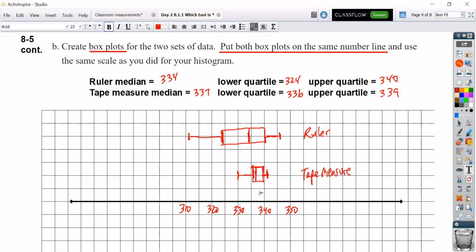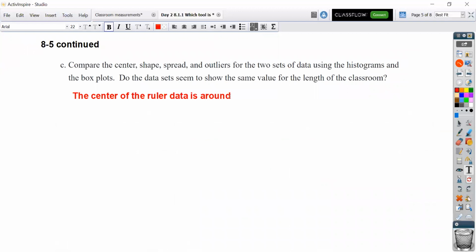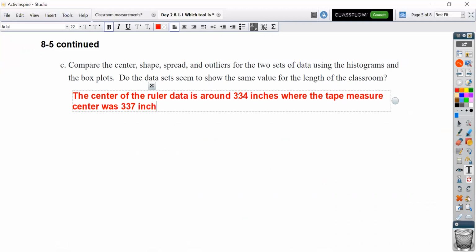Where the tape measure was around 337. So it was around 334 inches where the tape measure center was 337 inches. Both graphs were pretty evenly spread.